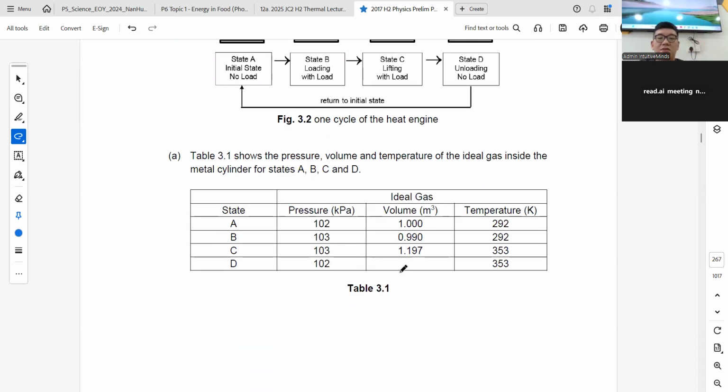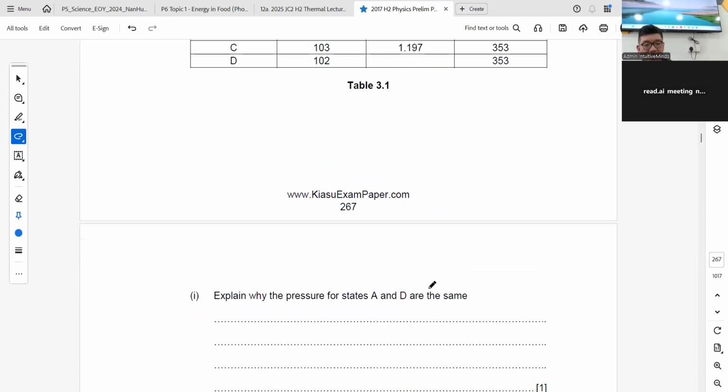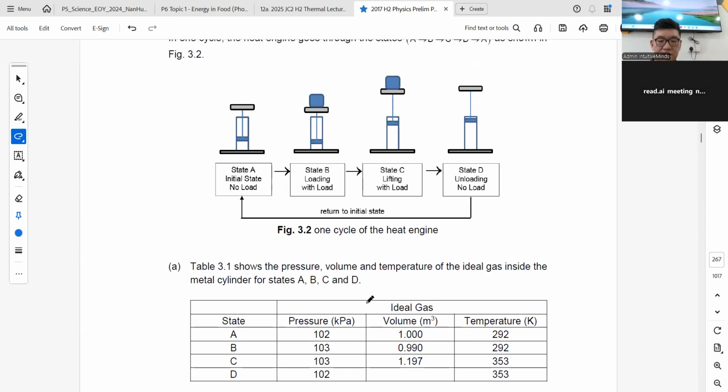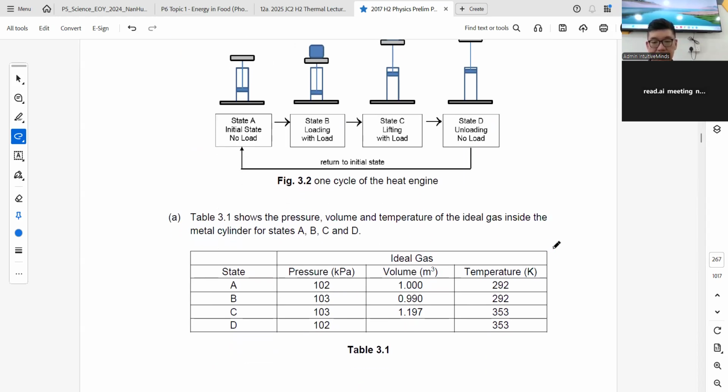So the first thing you want to do is to fill in this blank here. All right. So what can you do to fill in this blank? If you're given pressure, volume, and temperature, and taking note it is an ideal gas, so you know this answer.